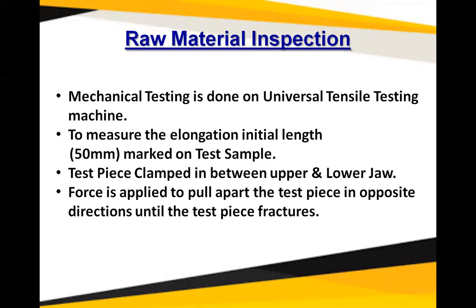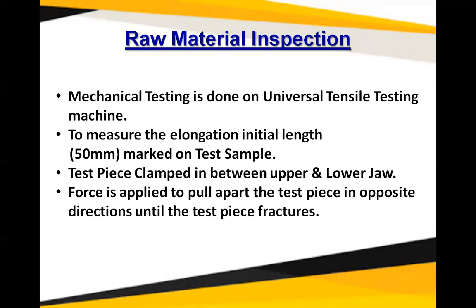This mechanical testing is done on the universal testing machine, as you have seen in the college laboratory also. This UTM machine is present in the labs, and there you do the testing.